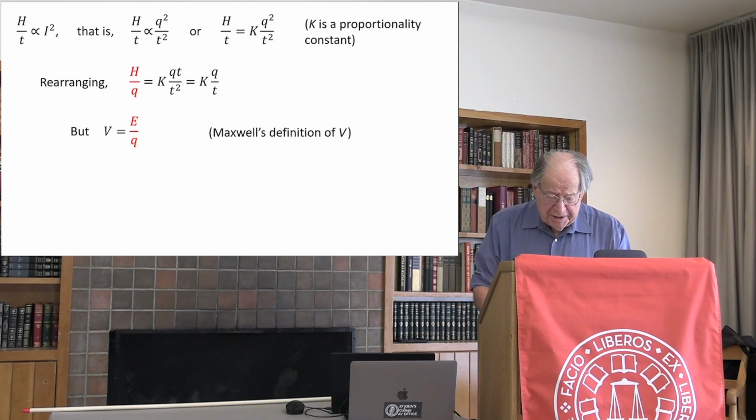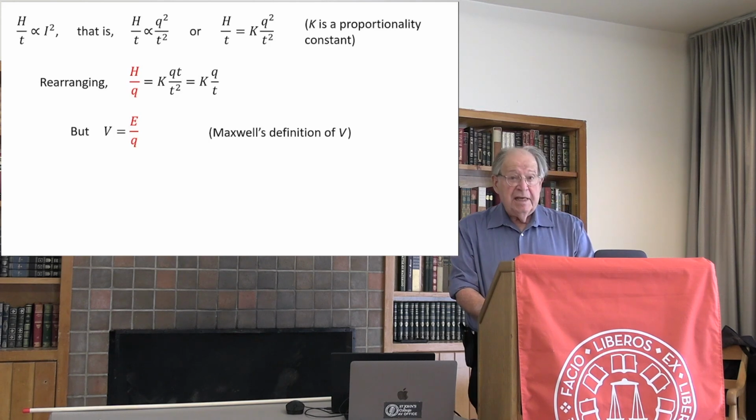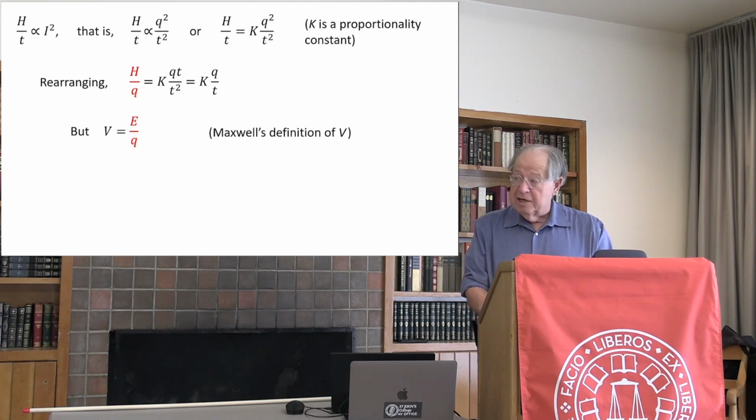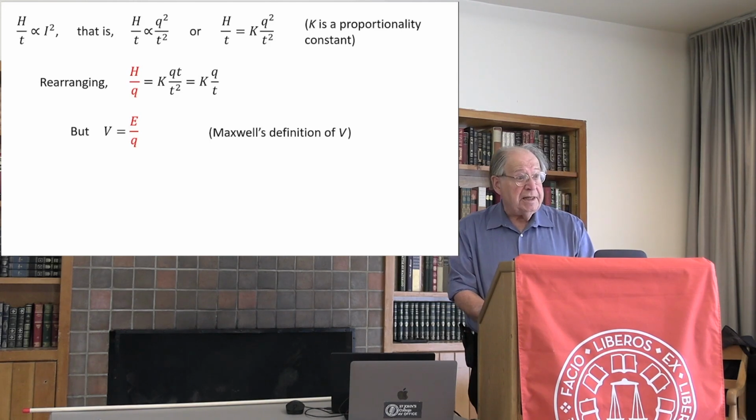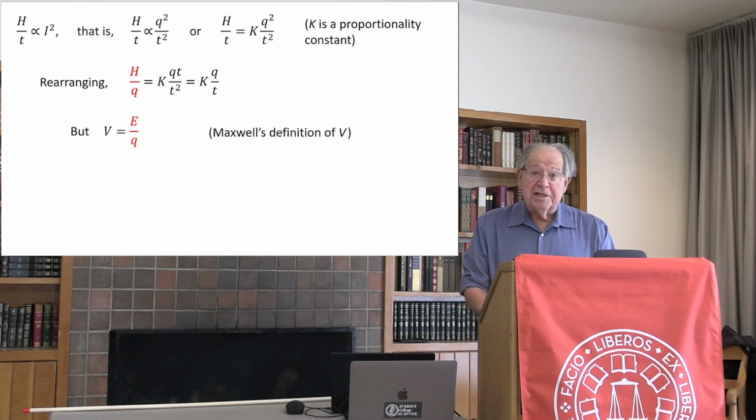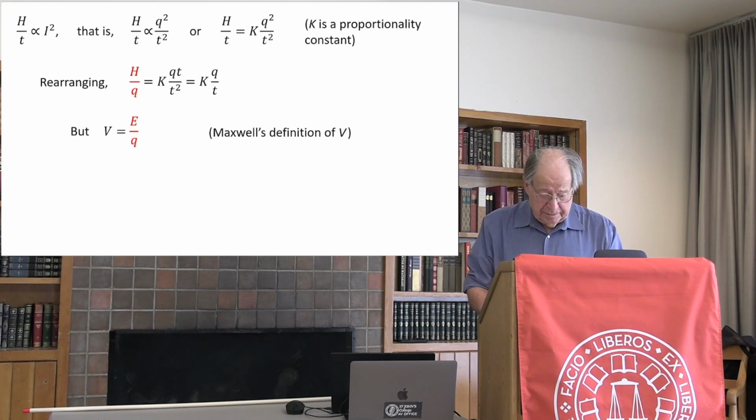But recall Maxwell's definition of potential difference, which we saw earlier, V equals E over Q, where E was electrical energy. Where does this electrical energy go?